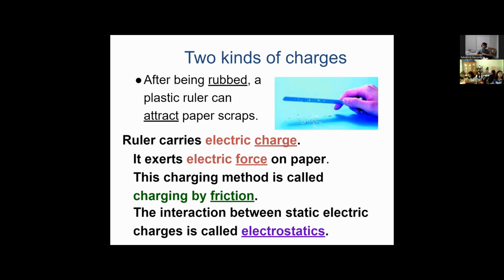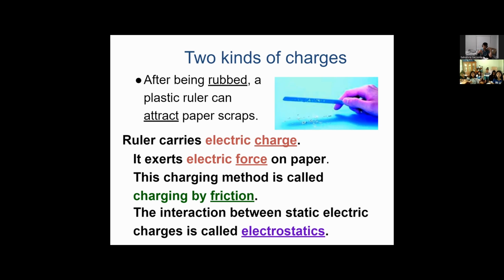After that, there's electrons on the end of it that pick up the positively charged pieces of paper. This charging method is friction, like we said before. The interaction between static electric charges is called electrostatics. That's just the science name. It's a very simple concept.